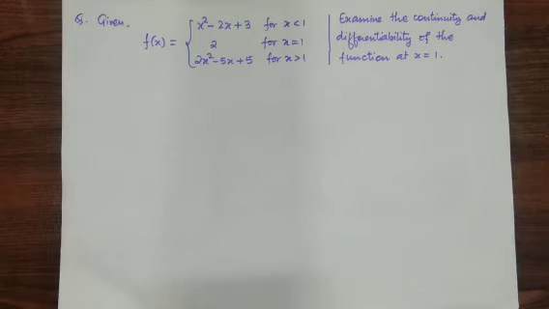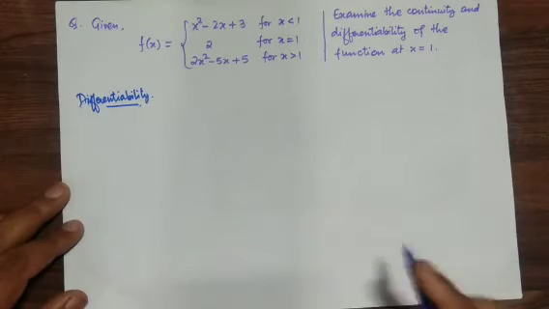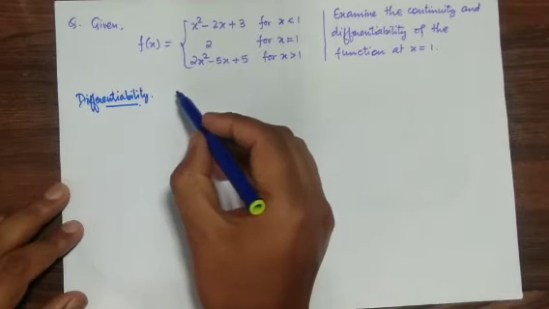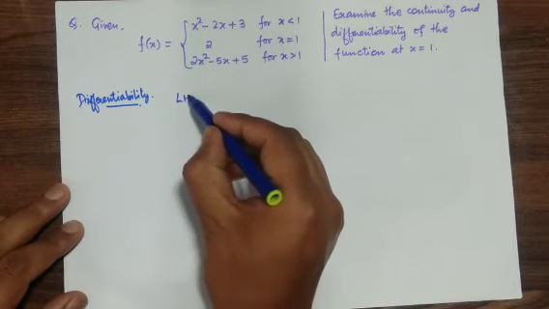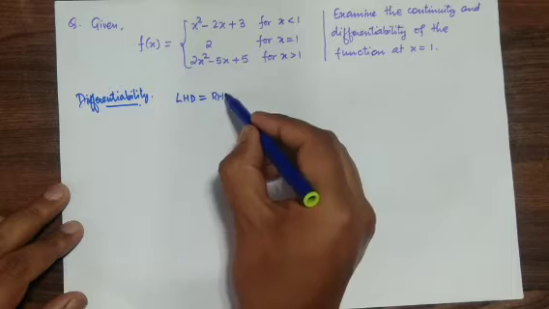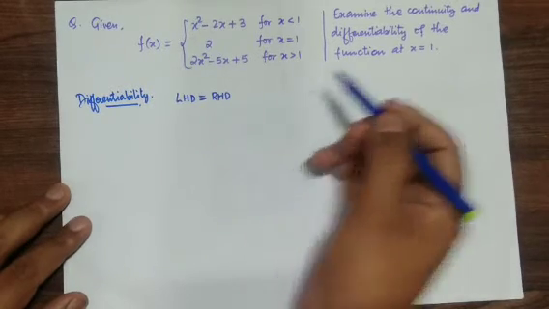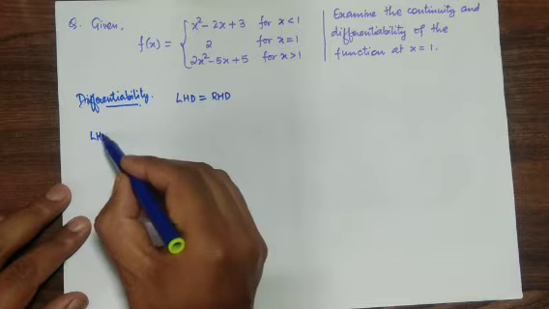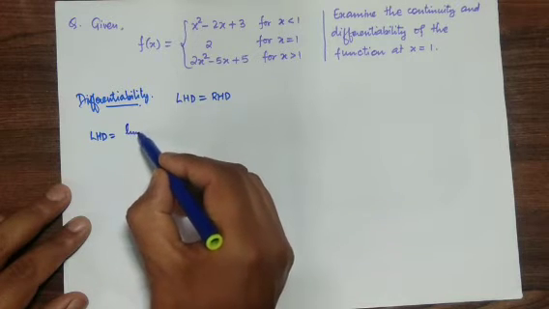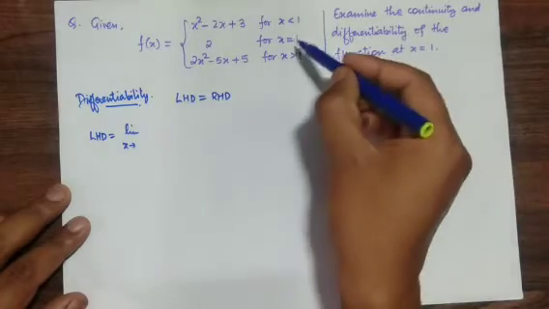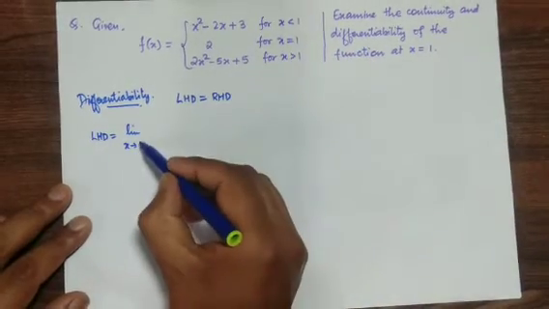So let's start. Let's check the differentiability of this function. To check differentiability, we need to show that the left hand derivative is equal to the right hand derivative. We know that the left hand derivative is given by LHD equals limit x tends to c minus, and here the function is breaking at 1, so my c is 1.